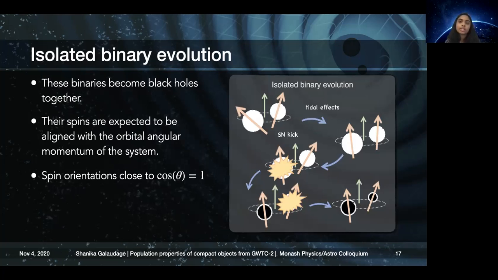So we expect these kicks to be quite small, in the sense that it doesn't completely misalign our individual components. I imagine we don't actually model for that in our analysis, but the assumption is that the kicks won't completely misalign these objects. Okay, thank you.